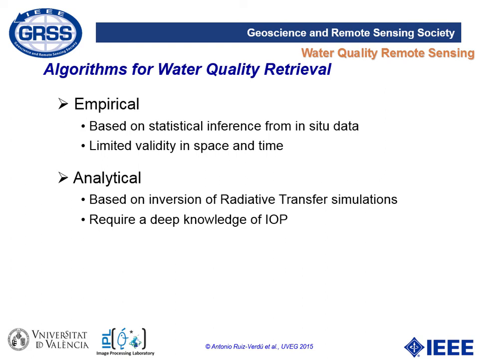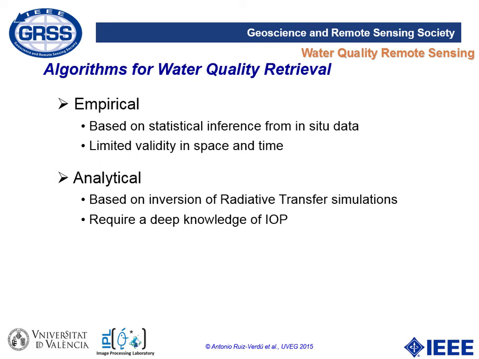With those simulations, by an inversion of those simulations, we can reproduce very accurately the behavior of a wide range of water bodies. And therefore, the models obtained in that way by the inversion of forward radiative transfer simulation could be representative of a very wide range of situations.